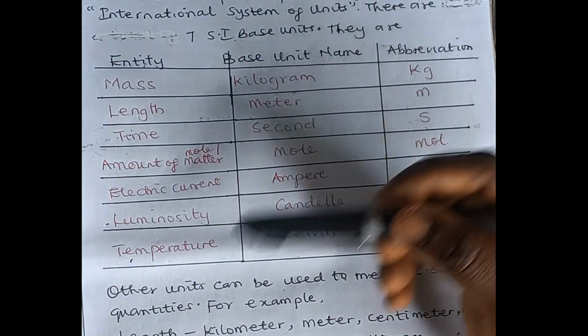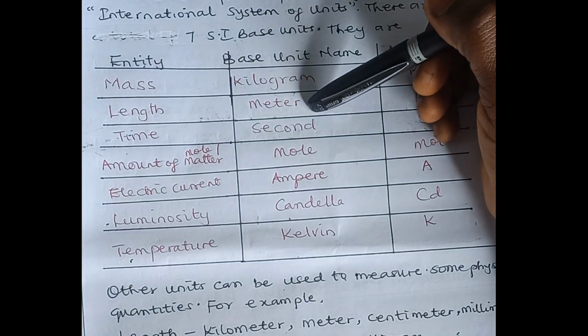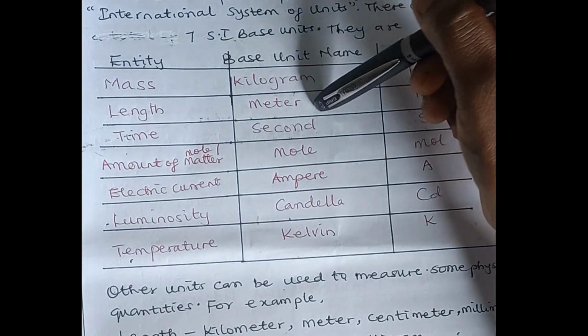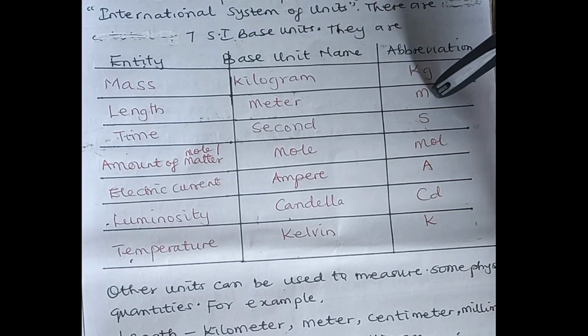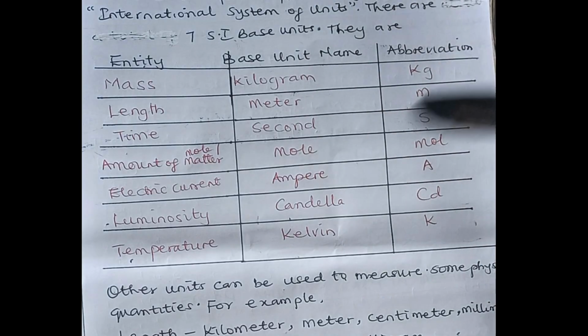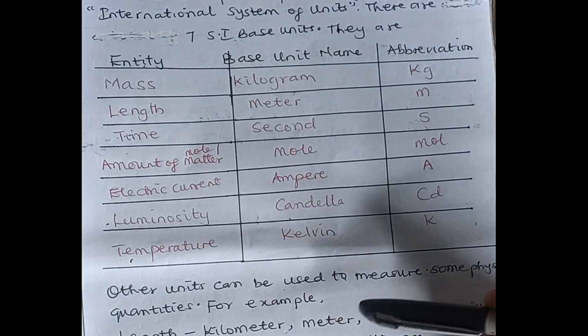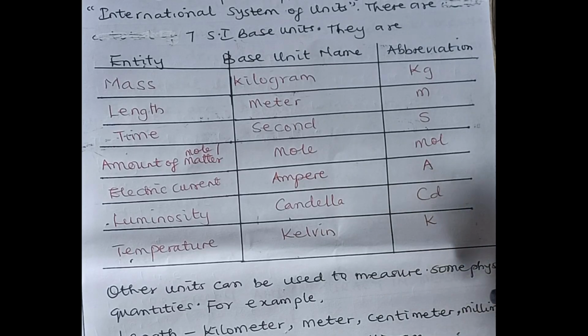When we check the fundamental units, the basic unit of length is meter, and the abbreviation is m. But kilometer was also derived later. Meter, centimeter, millimeter. And what's the relationship between all this?